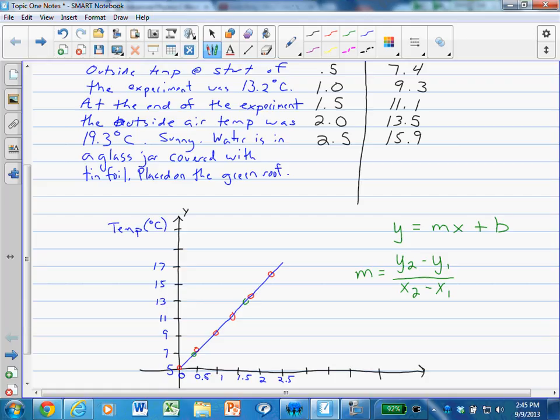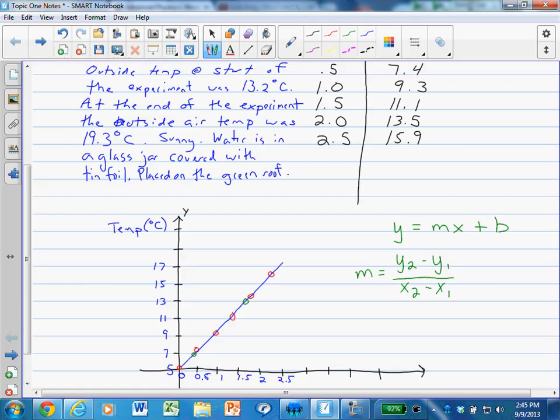Right there, okay? Now, the reason for that is because if you took like these two points, your line would go up like that, wouldn't it? Those might be close, but you don't want to take two points that are your data to make your line. You want to take two points that are exactly on the line, okay?